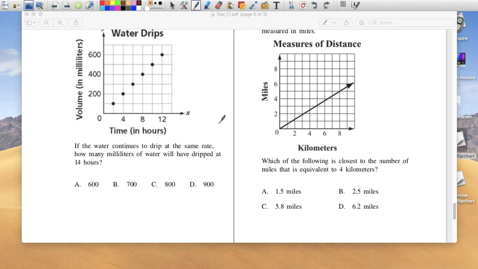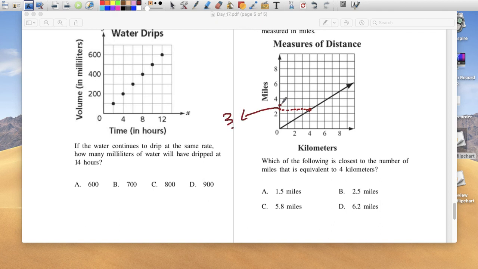Over here, I'm looking at this point right here. I guess in this one, we can just sort of estimate. 4 kilometers, I'm looking for this line right here. So what is this number right here?